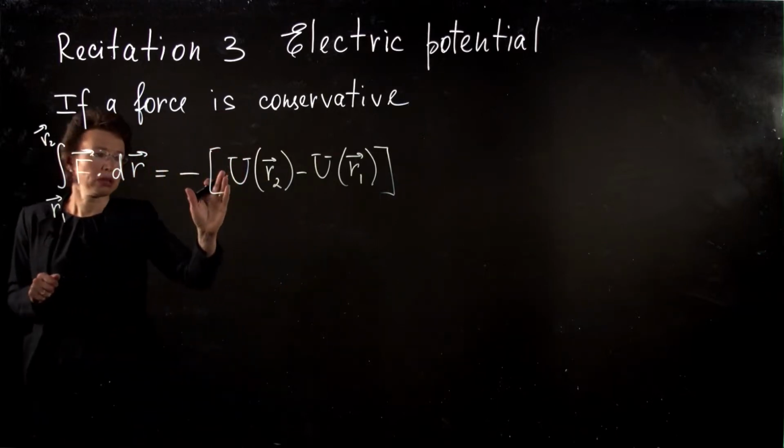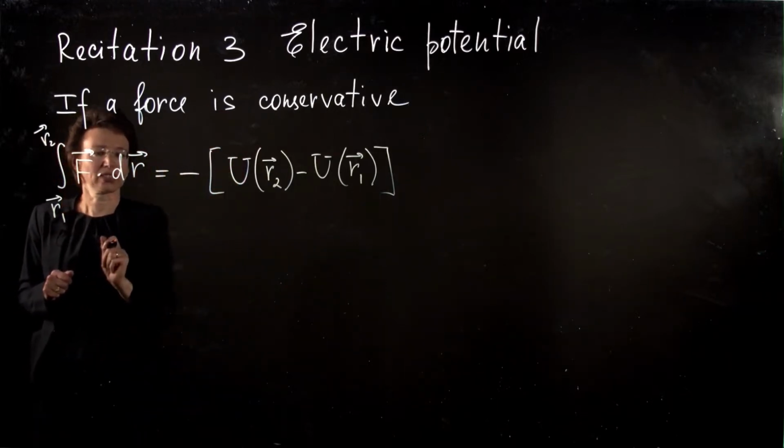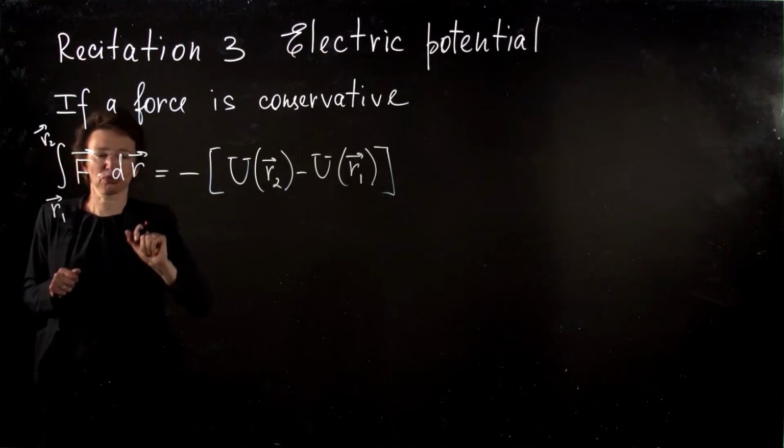U is a potential energy function that exists for conservative forces.